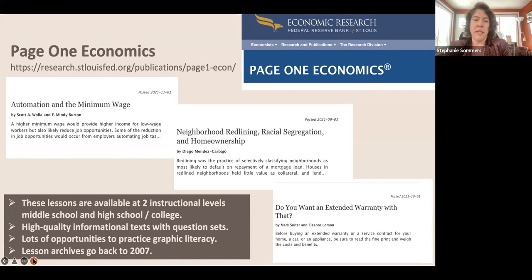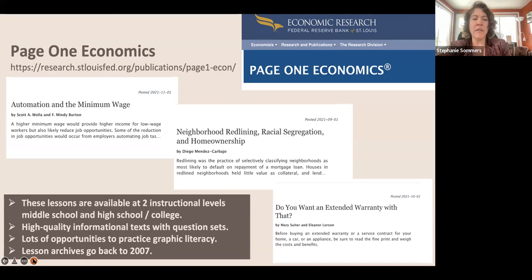And this is an interesting thing to read about with students, and obviously could lead to many different discussions, including why it's harder for some people of color to build generational wealth, right? And then the last one here, and these are just examples again: Do you want an extended warranty with that? So these are some examples.